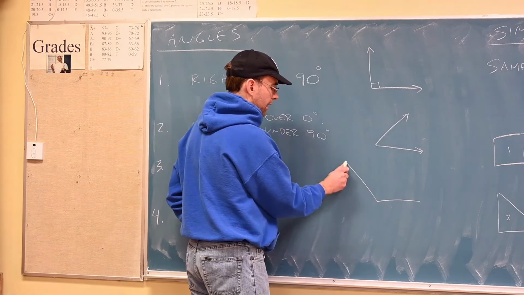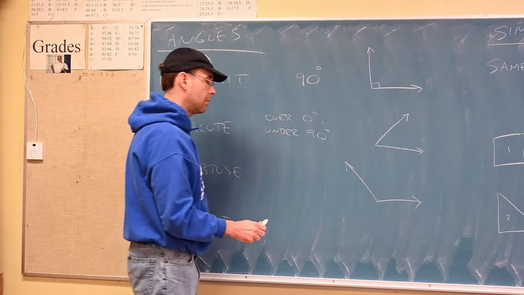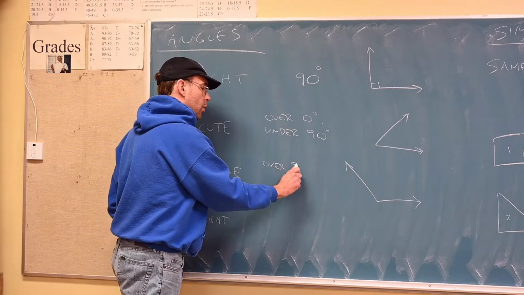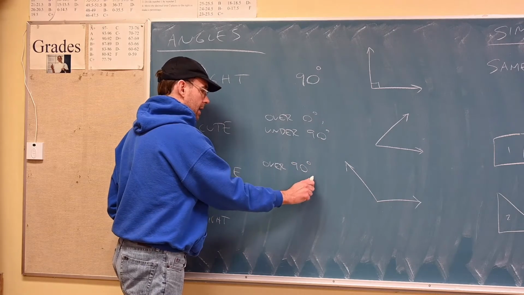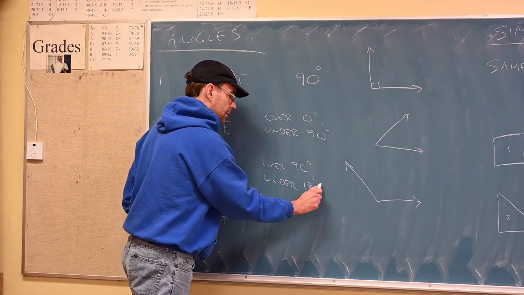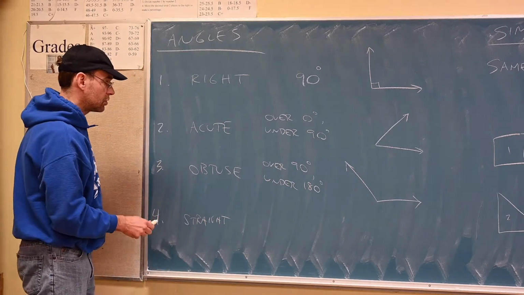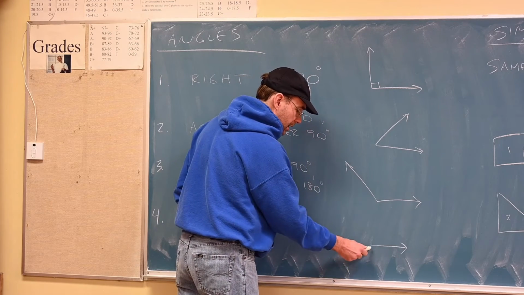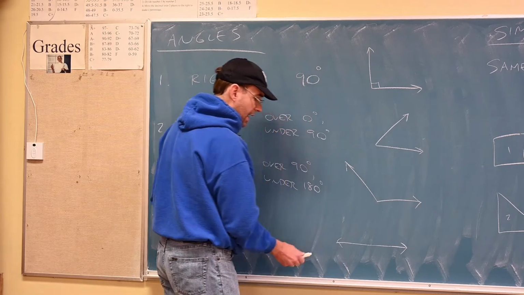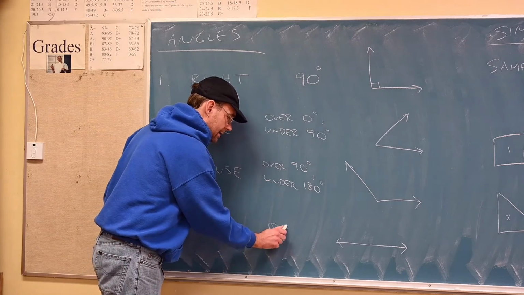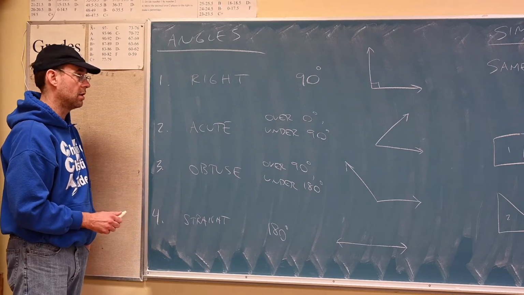So if I go something like this to be wider than a right angle, that's obtuse. Here we'd want to say that it's over 90 and it's under 180. Straight is if we picked a point and we went one side straight to the right and the other one straight to the left, and it would look like a straight line, that's a straight angle. That is exactly 180 degrees.